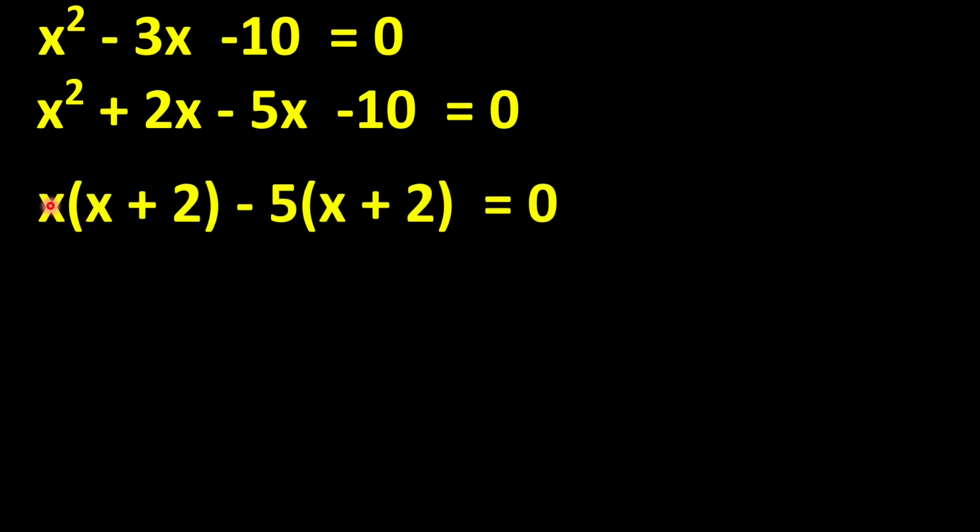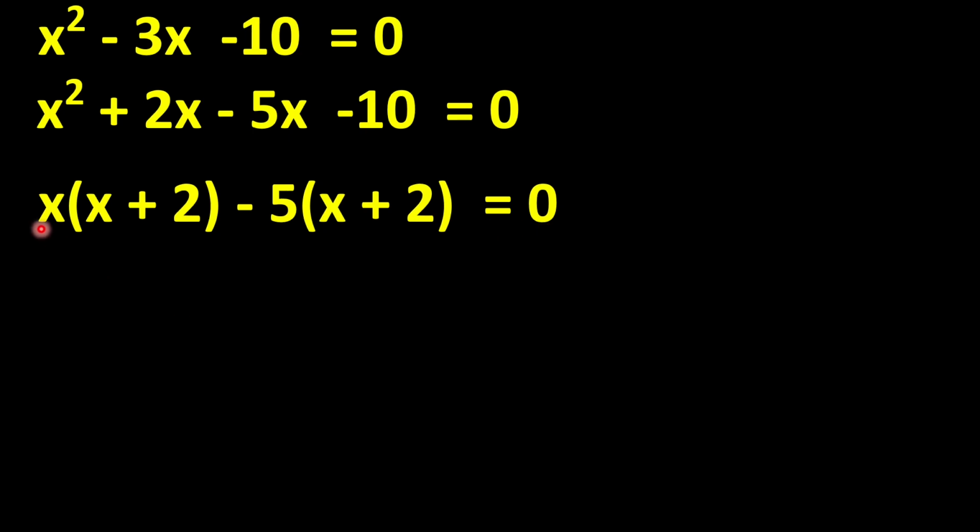After taking x common, the remaining term is x + 2, and when we take minus 5 common, the remaining term is also x + 2, since minus times minus becomes plus.